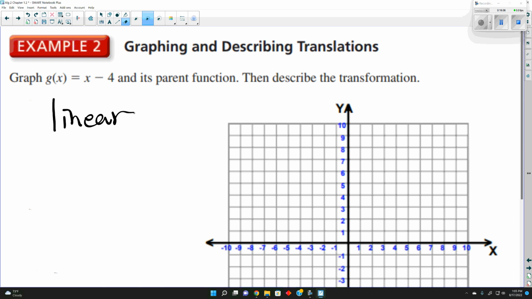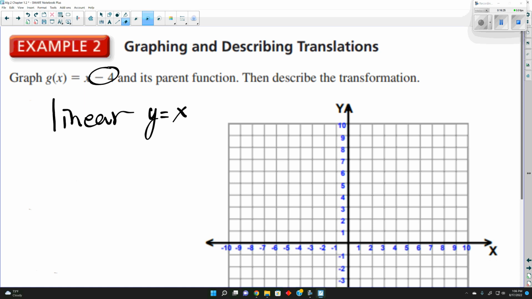So the normal linear function, the parent function y equals x, yes? But what's different? We have what? -4. Yeah. So that's our transformation that's affecting it.